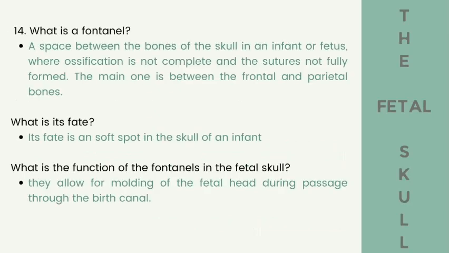What is a fontanelle? A space between the bones of the skull in an infant or fetus where ossification is not complete and sutures are not fully formed. The main one is between the frontal and parietal bones. What is its fate? It is a soft spot in the skull of an infant.